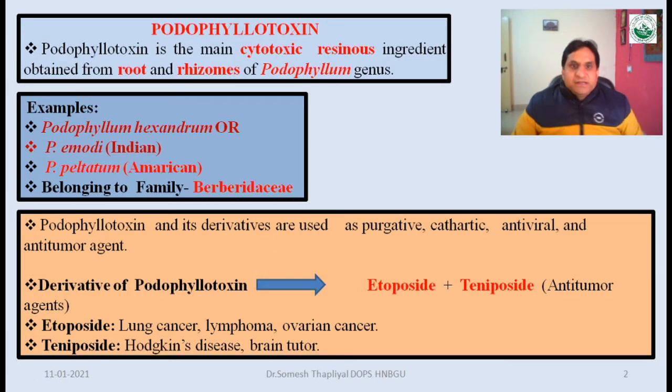So the first component is podophyllotoxin, which is a cytotoxic resinous ingredient obtained from the roots and rhizomes of the Podophyllum genus. For example, Podophyllum hexandrum, also known as Podophyllum emodi, which is the Indian species, and the other species is Podophyllum peltatum, which is the American species.